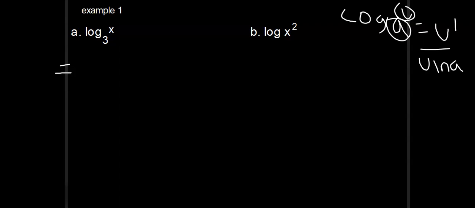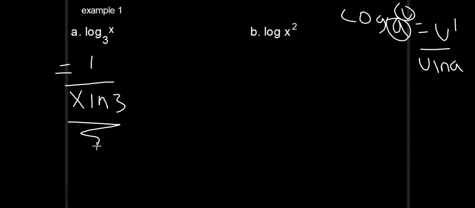The derivative of x is 1. And then over, I write x again because I have to write this u in my formula, so it will be x times ln a. a is this value, so it will be ln 3. And then we're done. This is all you have to do. The main thing you have to know is just the formula. Once you understand the formula, it is so easy.